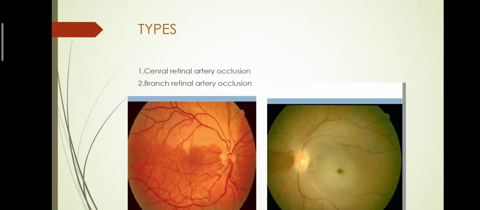There is something called central retinal artery occlusion with cilioretinal artery sparing. The cilioretinal artery is one of the important arteries, a branch of the choroidal circulation, which is present in a lesser percentage of the population, around 15 to 20%.